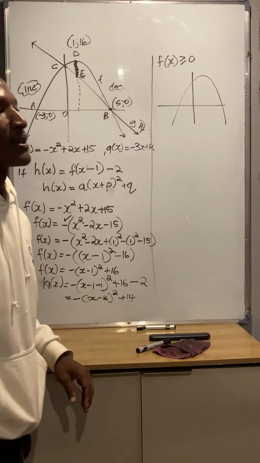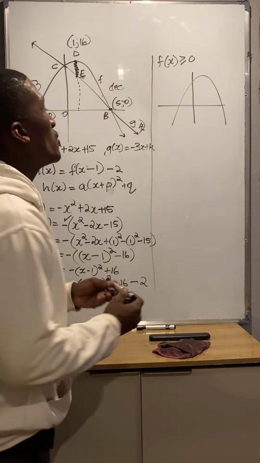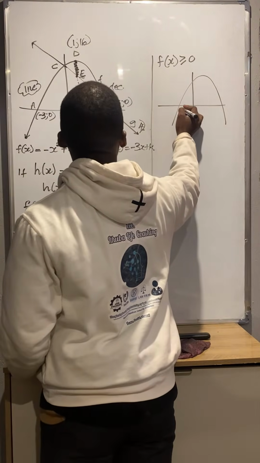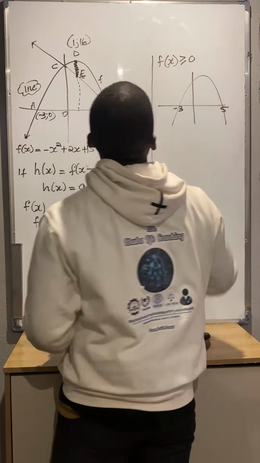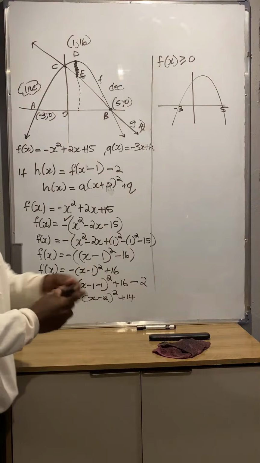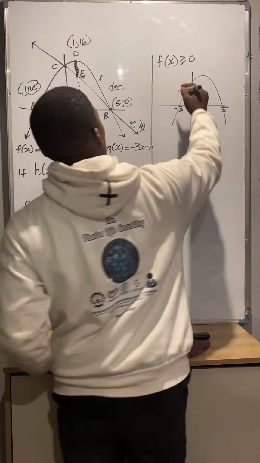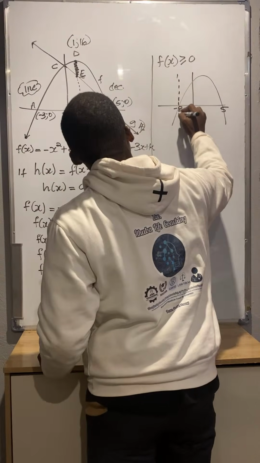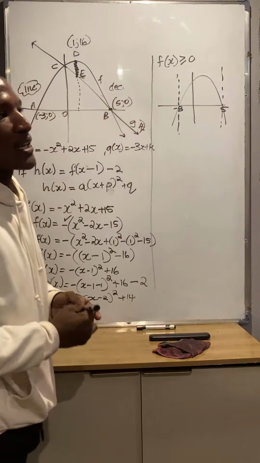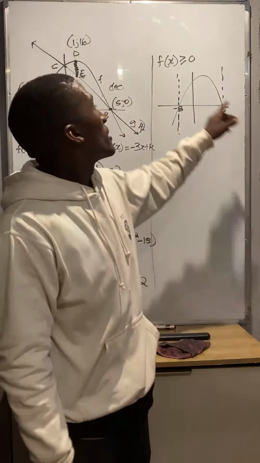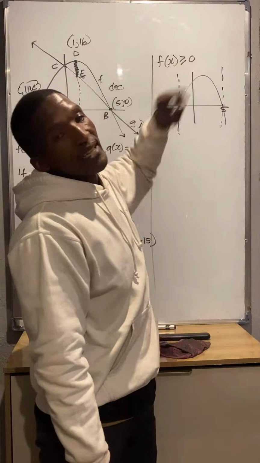So correct, guys. We look at our x-intercepts. So we only look at -3, and we also look at 5. Family. And we only look at this one. Then we do this. Then we do this. We want where f(x) is greater than 0.